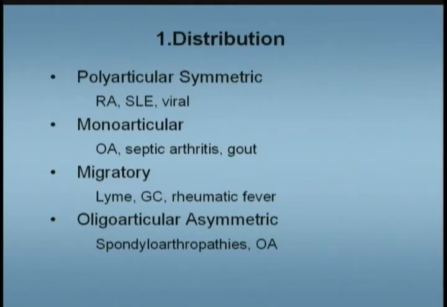Now this is very interesting. People get the wrong definition here about migratory arthritis. Migratory means that the pain and inflammation migrates from joint to joint. When it goes from one joint to the other, the previous joint gets better. The next joint gets inflamed, and then it goes to another joint, and that joint gets better, and then the next one gets worse.